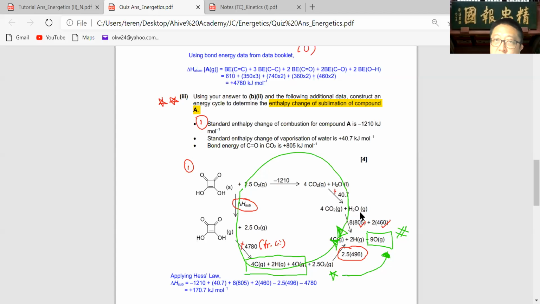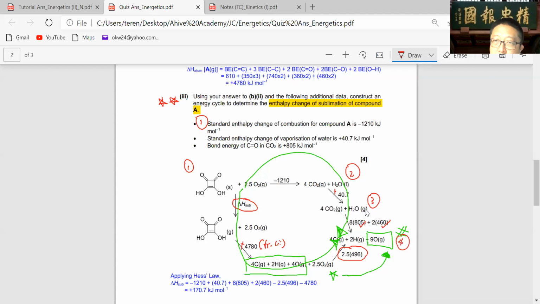Okay, so you can see from here. Maybe I label them. This is 1, this is 2, this is 3, then to 4. Can you see from 3 to 4? You understand how I get 3 to 4, right? It's been dictated by the reaction. Because there are 4 here, that's why in step 3 there are 4 CO2. I need to atomize them, change them to single atom.